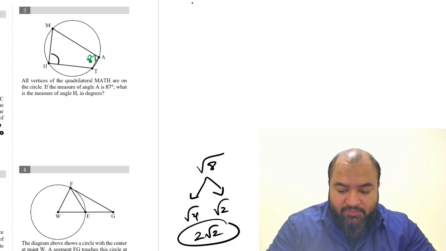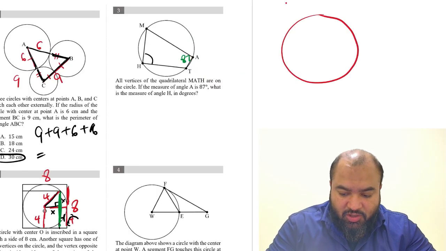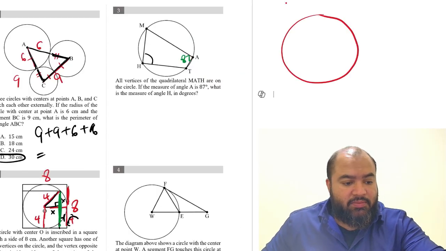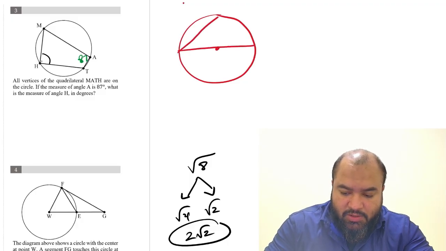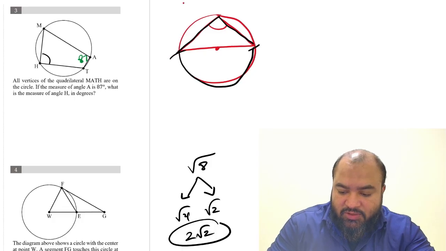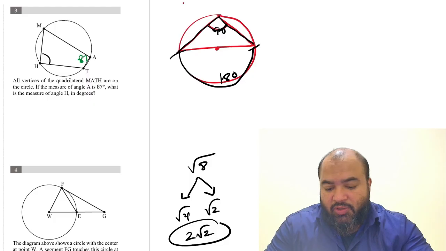Similarly, when you have a full circle and I draw a diameter passing through the center, any angle here would be half of the related arc. Half of the related arc for this angle is this whole thing, which is 180 degrees. So this is 90 degrees. All of them will be 90. So that's how it works.